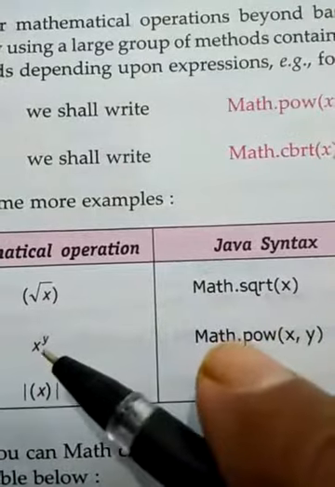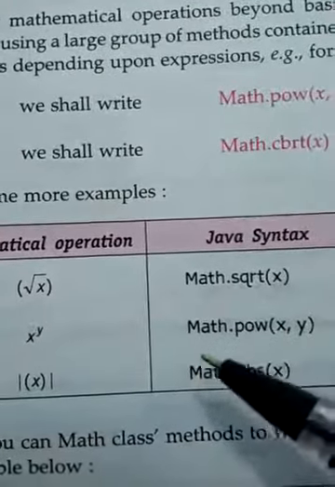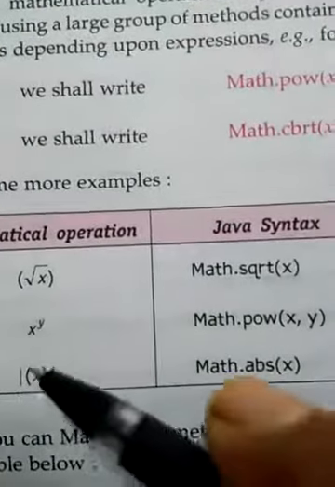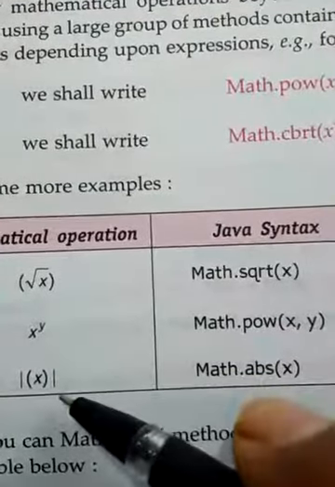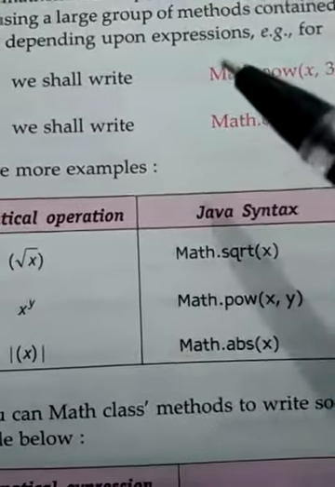Suppose this is e to the power of y, then the function will be Math.exp(y). This is the symbol of abs, so we will use the abs function, Math.abs(x).